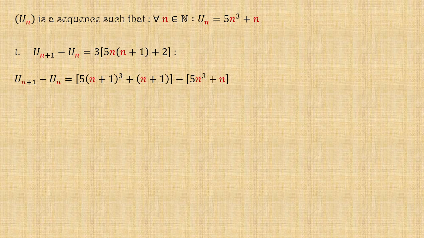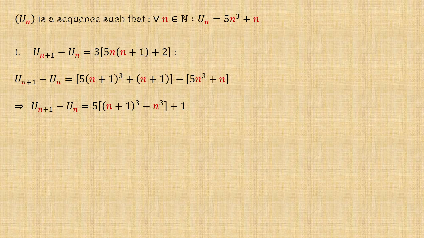Now, by extracting the number 5 as a common factor between the terms 5 times (n+1) all to the power of 3 and 5 times n cubed, and cancelling out the terms n and minus n, we find that u_(n+1) minus u_n equals 5 times ((n+1) all to the power of 3 minus n cubed) plus 1.